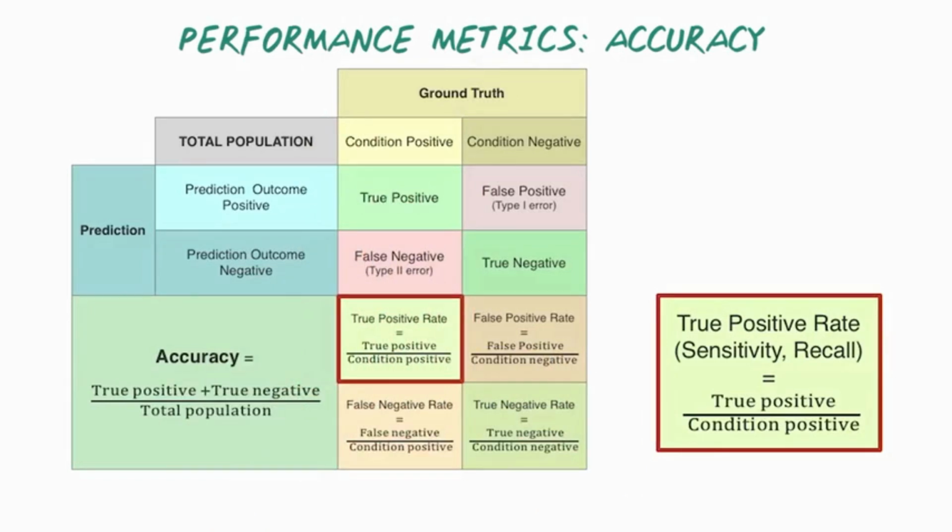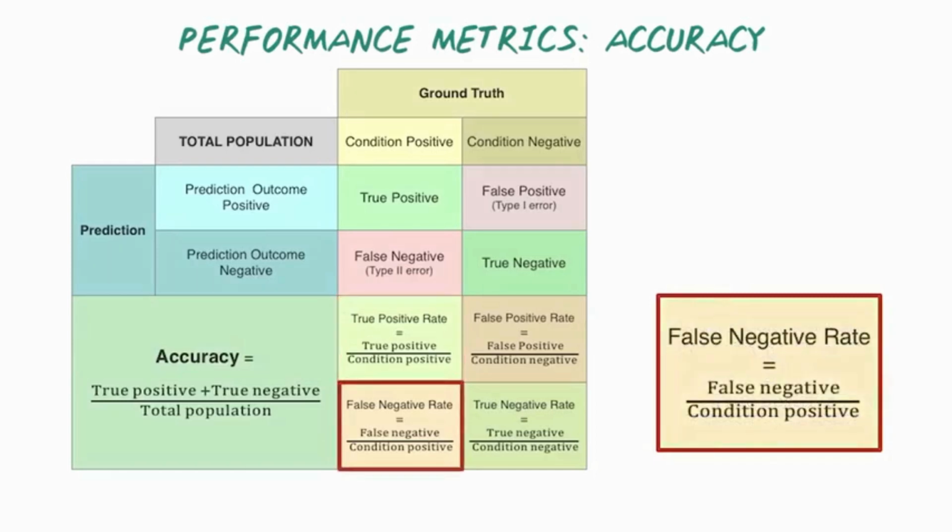The intuition of true positive rate is to measure among all people with heart failure what percentage is correctly identified by the predictive model. A very related metric is called false negative rate, which equals 1 minus true positive rate. The intuition of false negative rate is among all heart failure patients, what percentage of those patients is missed by the predictive model.